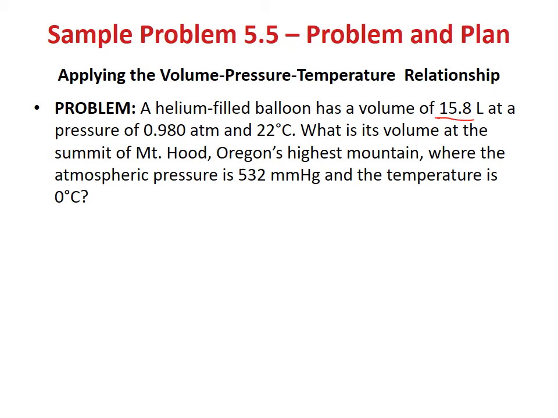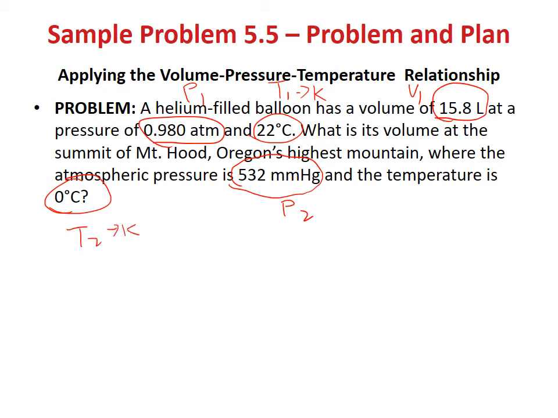We have volume 1, pressure P1, and temperature T1. Note that Celsius needs to be Kelvin. At high elevation, the pressure goes to P2 and temperature is T2, again in Kelvin. The question is, what is V2?